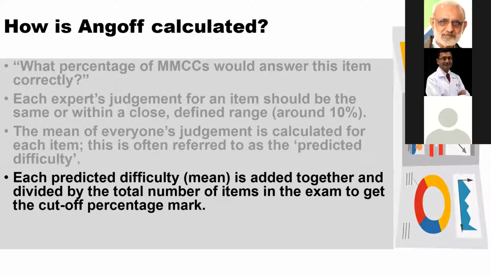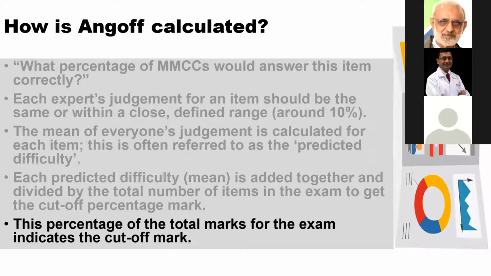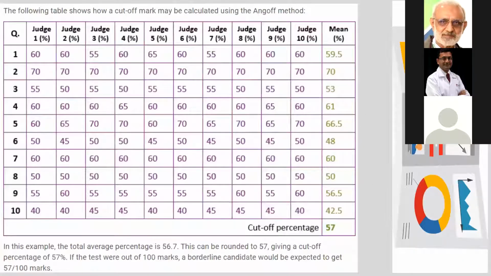Each predicted difficulty or mean is added together and divided by the total number of items in the exam to get the cutoff percentage mark. This percentage of total marks for that examination indicates the cutoff score or cutoff mark. Here is the example. You have seen this table before.